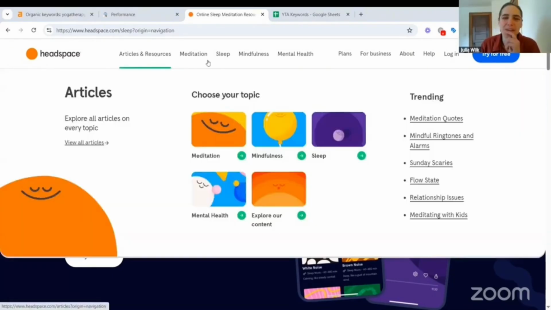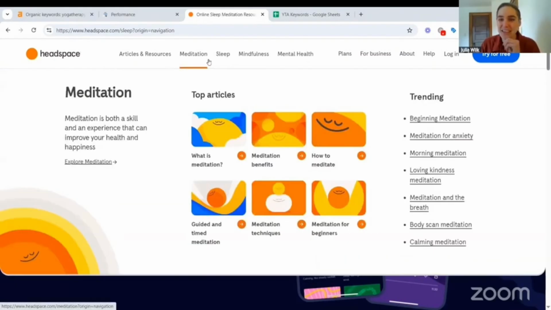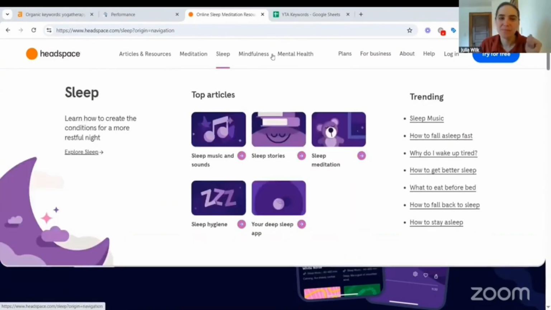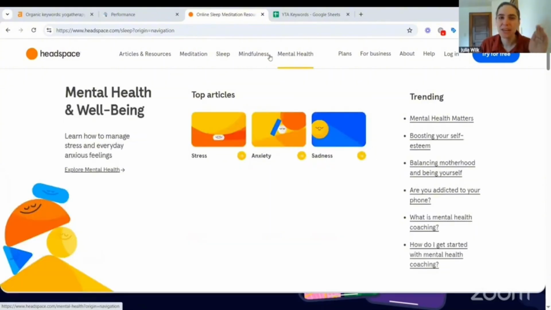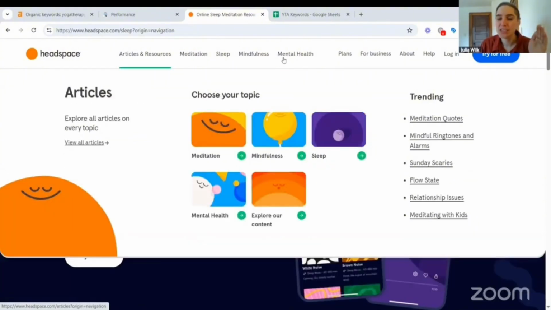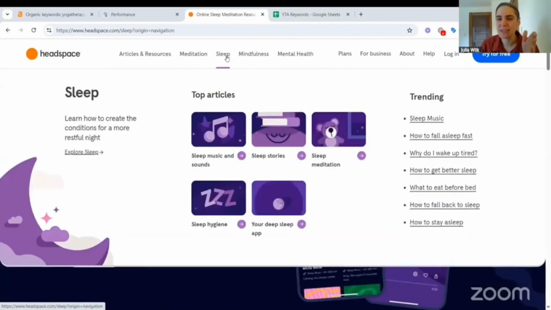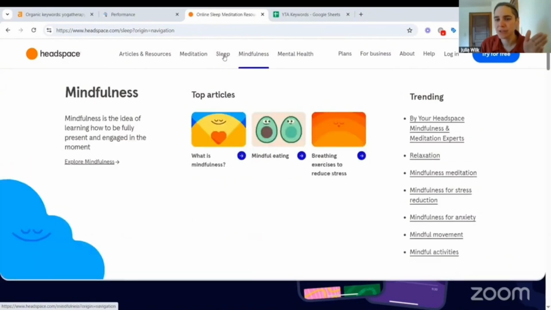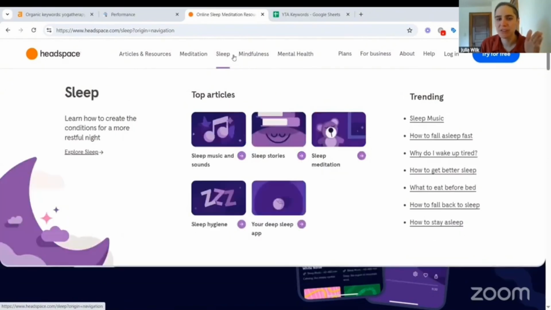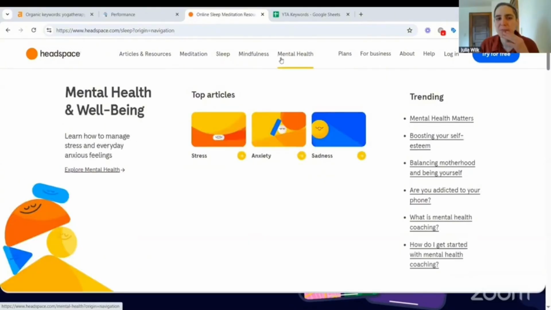But aside from the fact that this is a huge mega menu, which is its own thing, it does have it broken out into conditions, and helps people self-select into the main thing that they're struggling with. Not that sleep and mindfulness couldn't both be interesting to somebody, but they get to put themselves into a category.